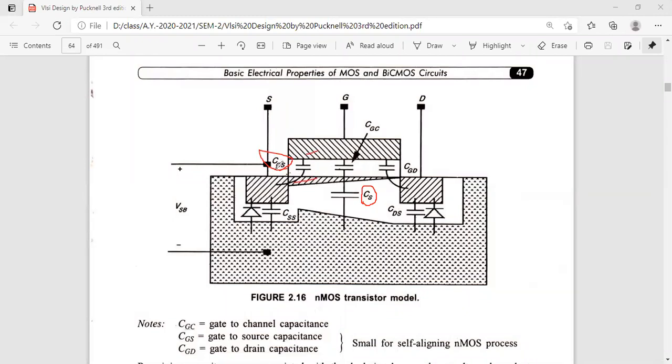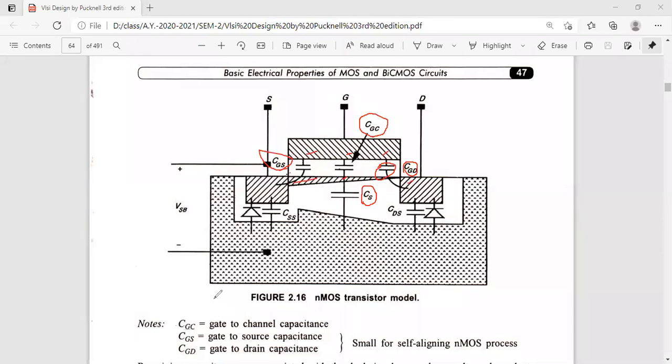Between the two we have a capacitance called CGC, the gate to channel capacitance. In the same way, between the gate and the drain we have a capacitance called the gate to drain capacitance.